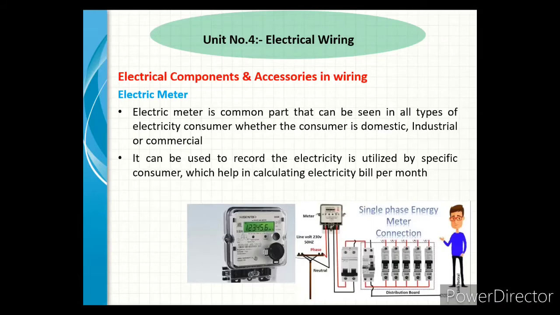It is used to record the electricity utilized by a specific consumer, which helps in calculating the electricity bill per month. It has two types. First type is a disc electric meter and the second one is digital meter.